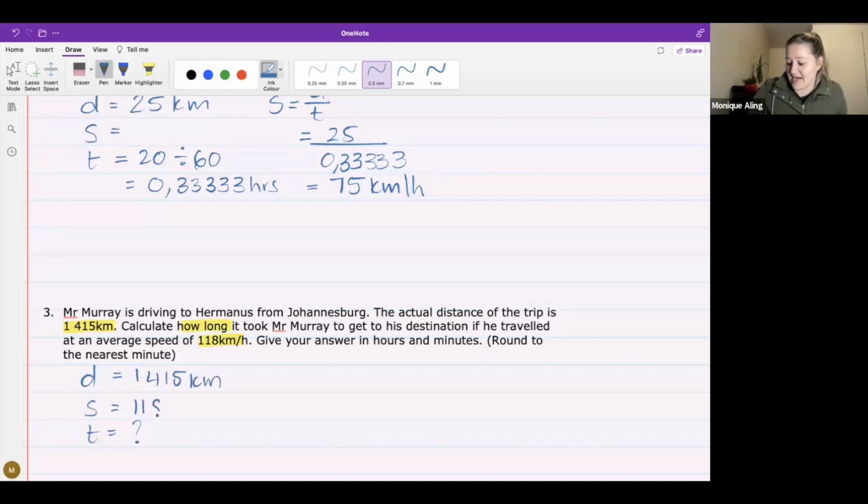Speed is 118. Time is equal to distance over speed. I'm going to let you guys do the rest and try the conversion at the end to get it to hours and minutes, please.